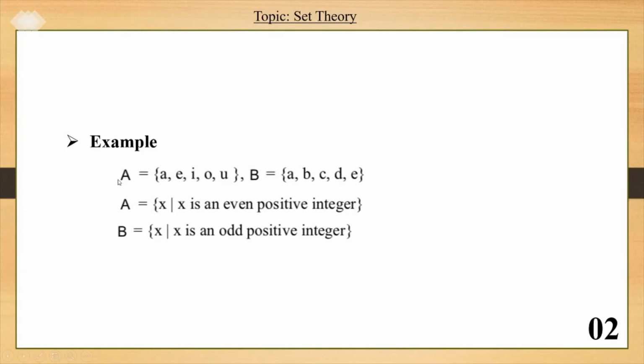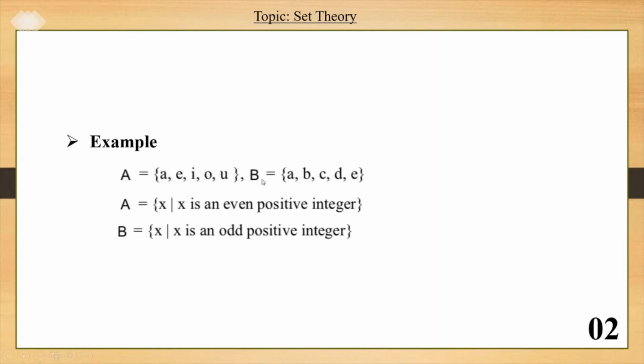So capital A is equal to, we start a bracket, A, comma, E, comma, I, comma, O, comma, U. Those are the letters in the set A, the elements in the set A. A is a set containing the English letters A, E, I, O, U. This set has 5 elements, so it is a 5-element set containing 5 English letters.